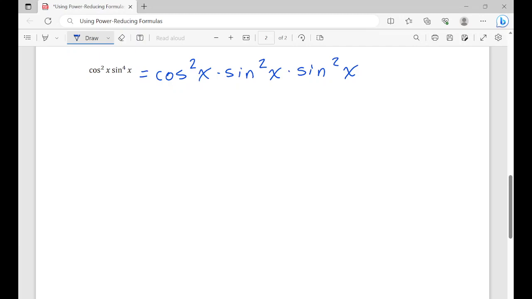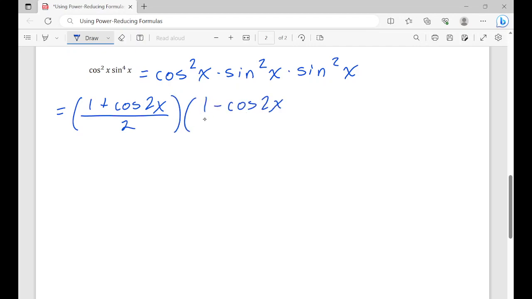And then these three, I can use the power reducing formula, and I'm going to end up getting 1 plus cosine 2x over 2, 1 minus cosine 2x over 2, and then 1 minus cosine 2x over 2.